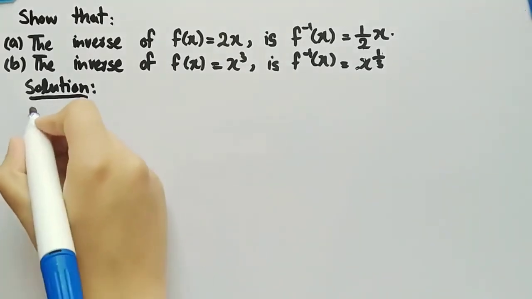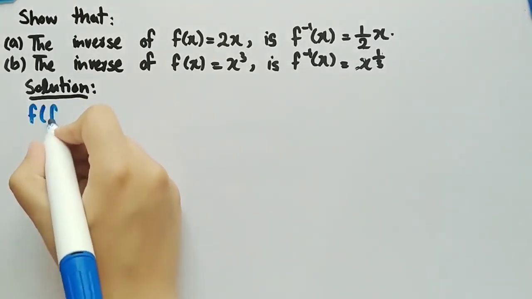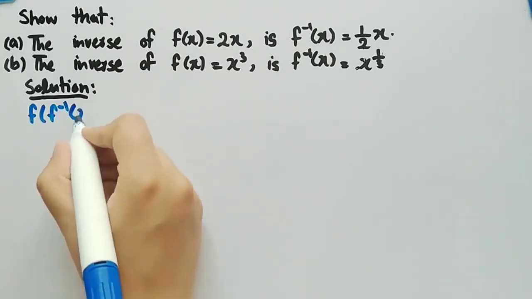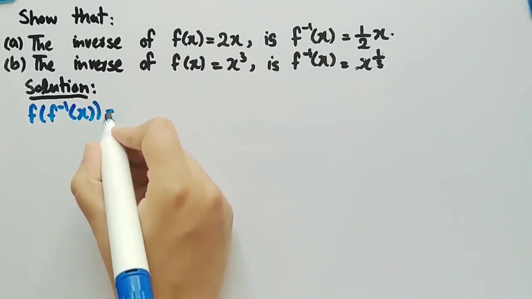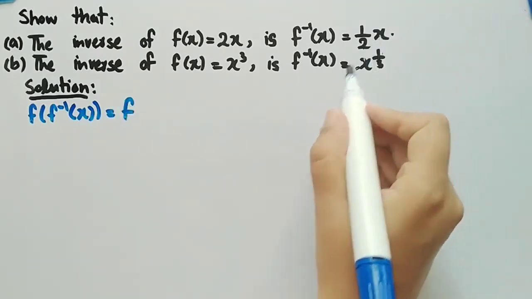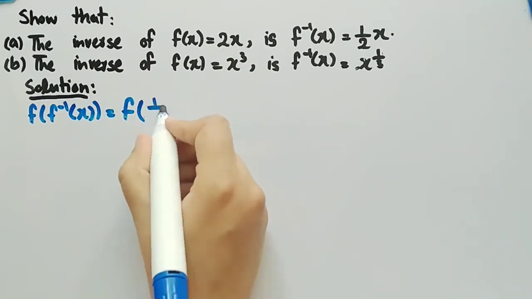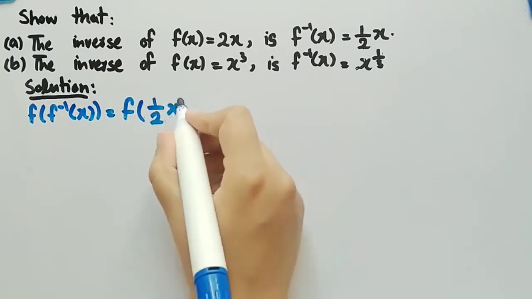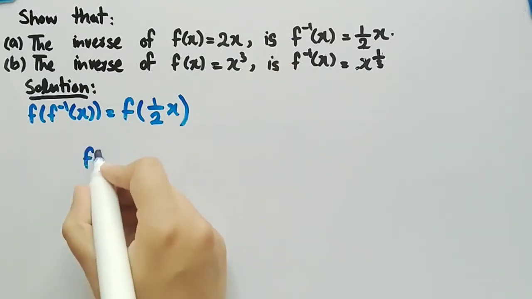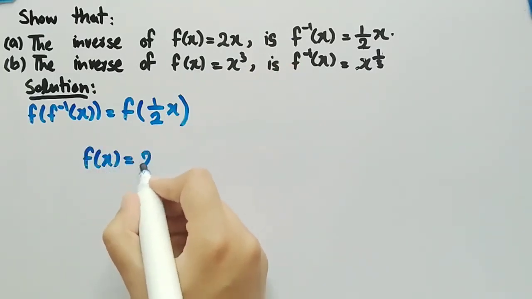Now consider f of f inverse of x, or we can say f composition f inverse. f inverse of x is given by 1/(2x), and f of x is equal to 2x.